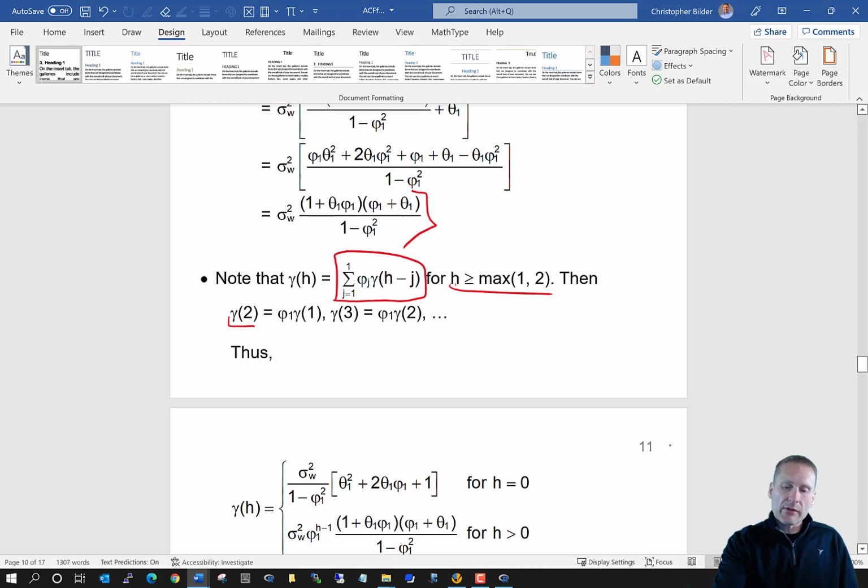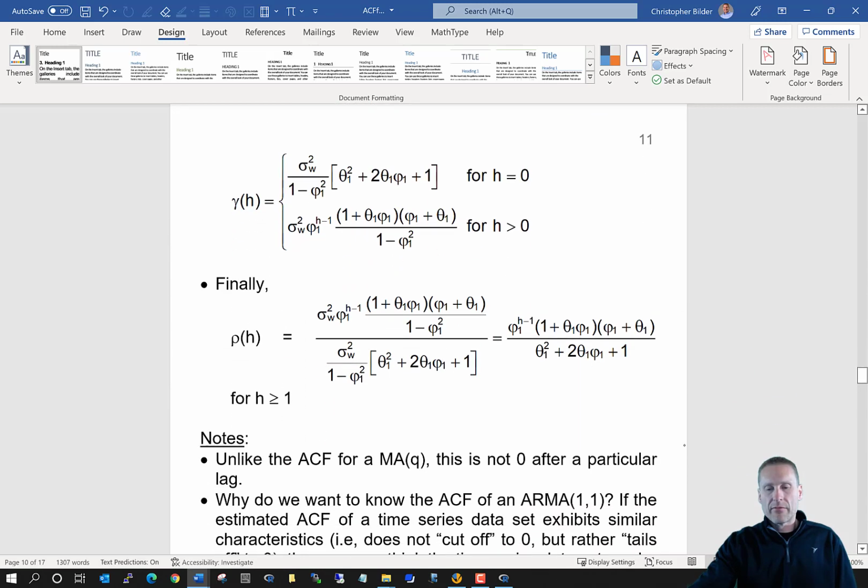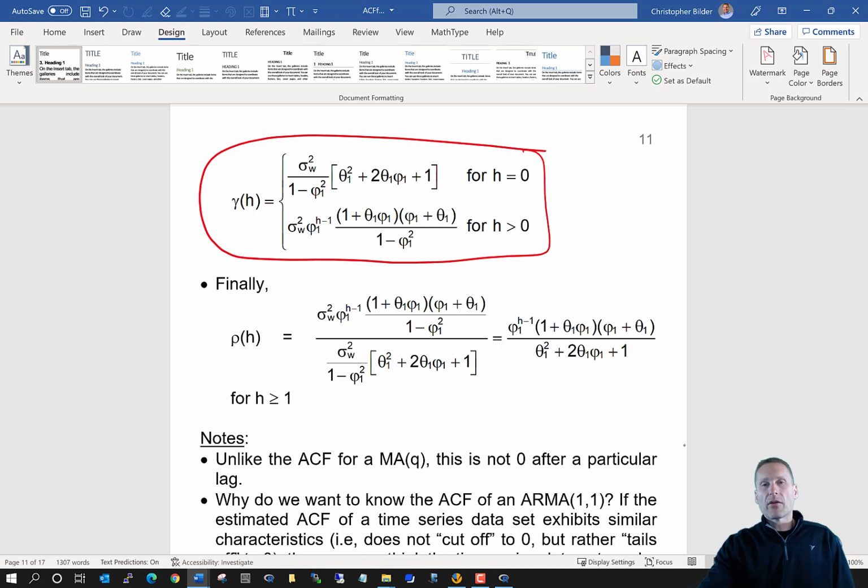Gamma of 2 is equal to phi1 times gamma 1. Gamma 3 is equal to phi1 times gamma 2, just simply using that part of our expression. And thus we get a general expression for what our autocovariance looks like. Take that divided by gamma 0, then we get our autocorrelation function.